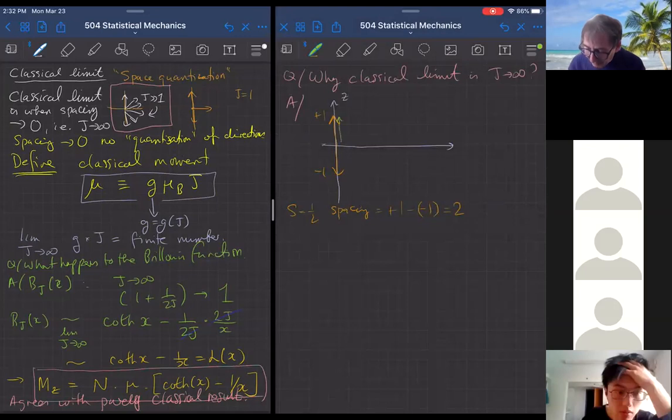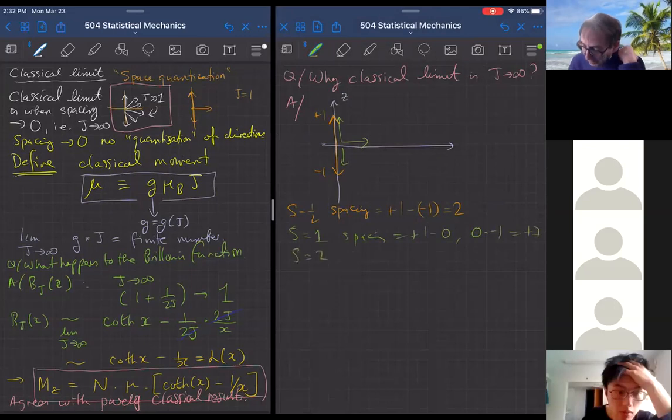If I have 1/2, 0, and -1/2, so that would be s is equal to 1. Then the spacing is +1 - 0, and 0 - 1, so that is 1. So the spacing has got smaller.